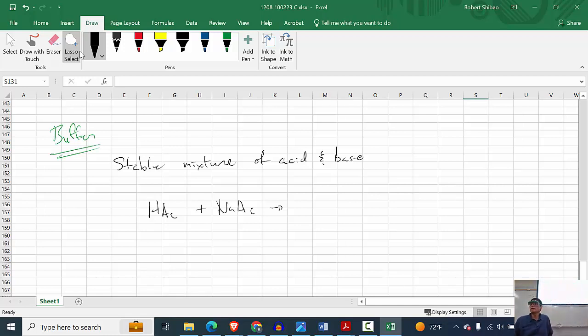Then measure the pH of your 3 molar acetic acid and leave the probe in there. We want to get a stable reading.